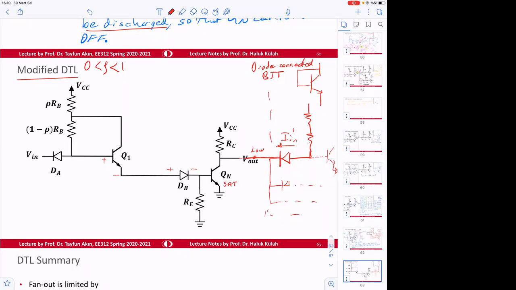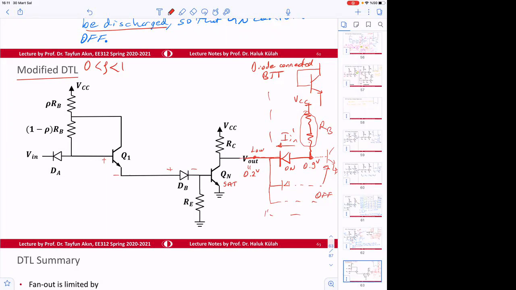So when this is SAT, output low case, the V out is going to be 0.2 volts. So if this is 0.2 volt, this is going to be on, and then this voltage is going to be 0.9 volts. So if this voltage is 0.9 volts, this will be off. So if this is off, then this is VCC, and these two resistors now is going to be RB. Okay, so nothing changed in that stage.